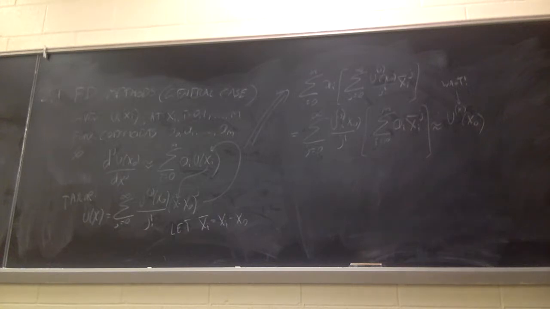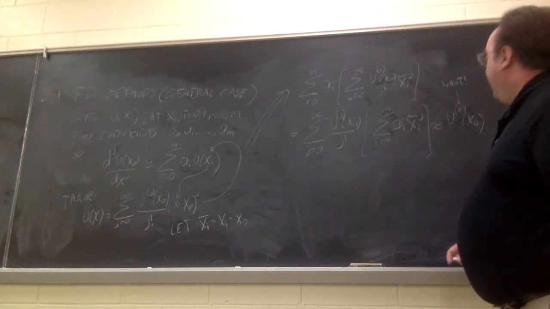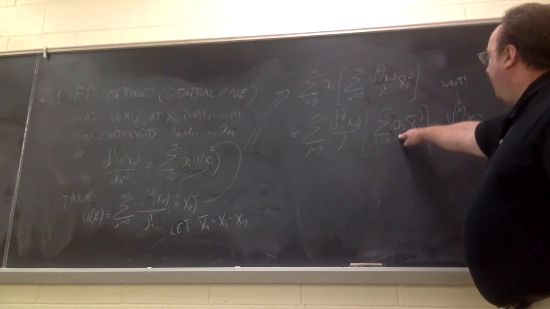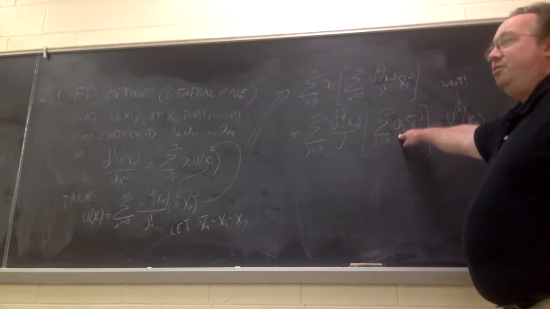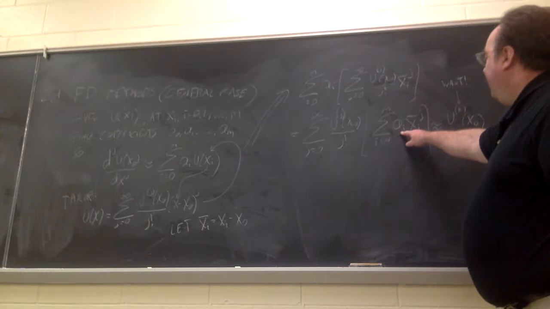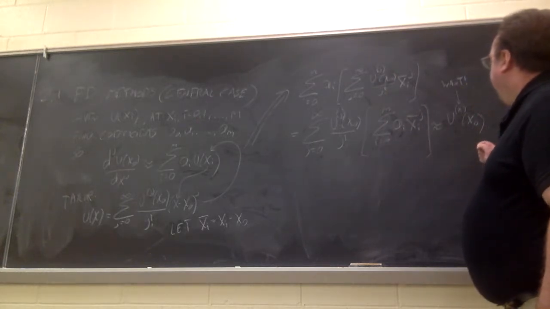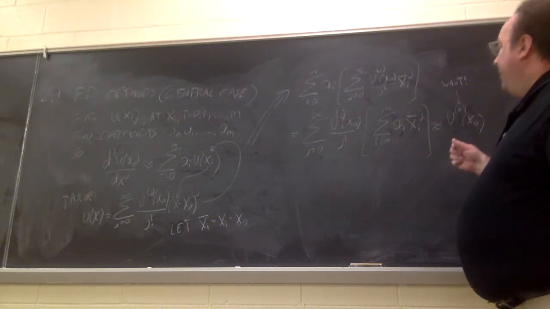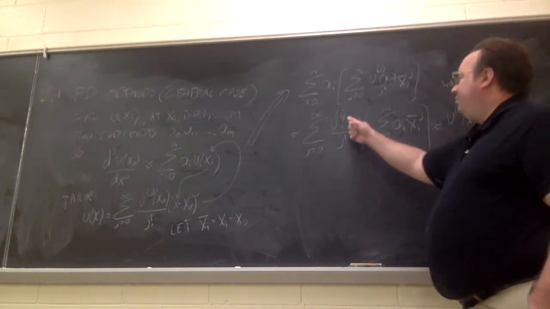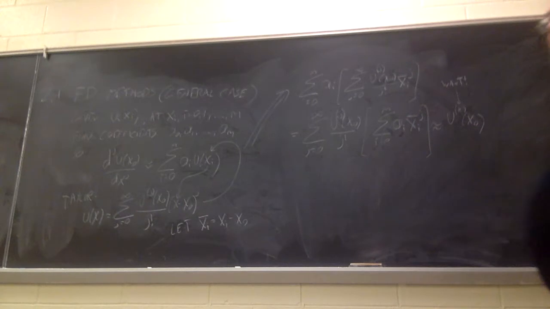So now, if I want to choose my a_i, that's the only thing I have control over here. I want to choose these coefficients so that this is satisfied. Keep in mind that u could be whatever. I want to make sure that other derivatives of u end up going away.